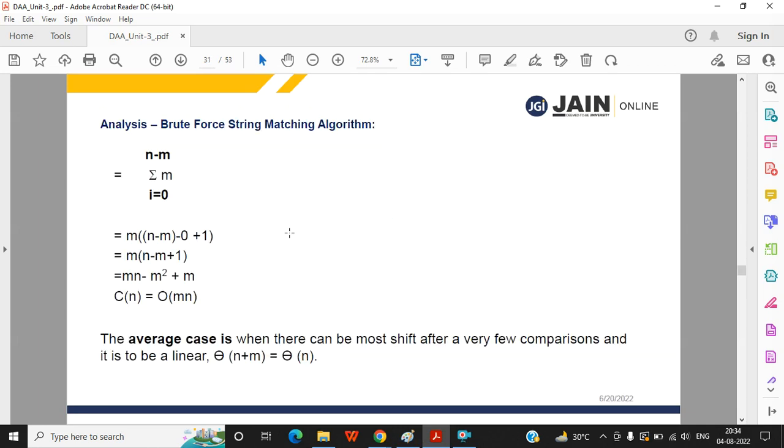And the average case: when there can be most shifts after every few comparisons, is to be linear. What is that?